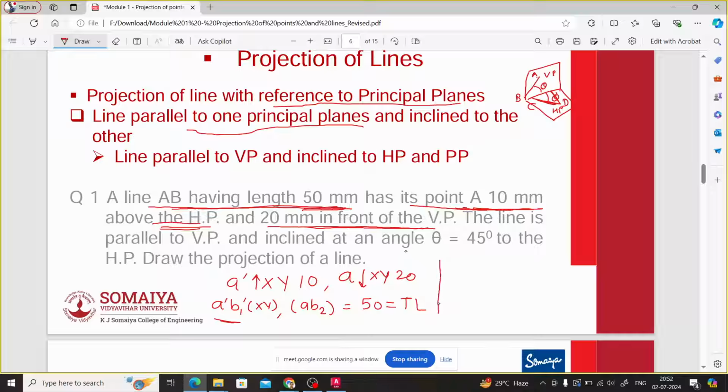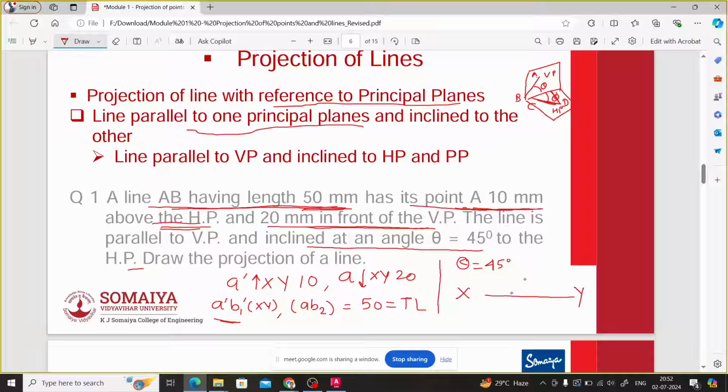Yes, sir, I understood. Now, inclined at an angle theta with reference to the HP. Theta is directly mentioned, and it is 45. Now we will draw first schematically, and then we will draw it on AutoCAD. This is XY.